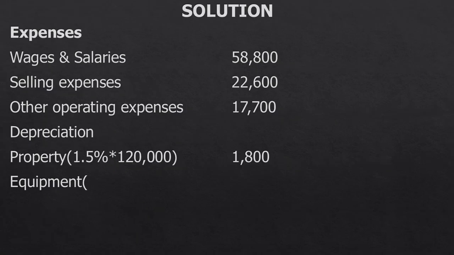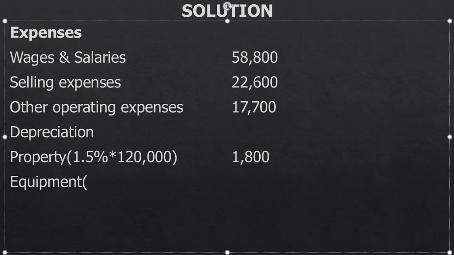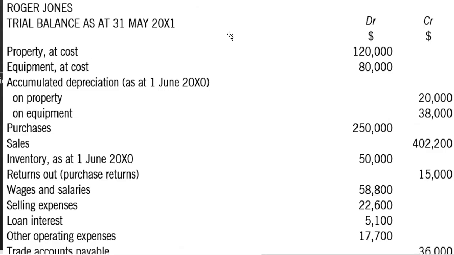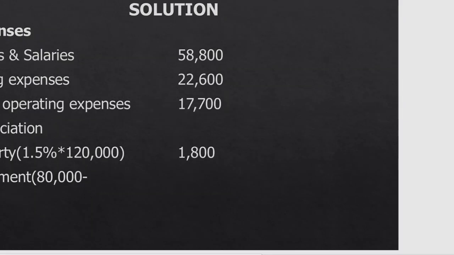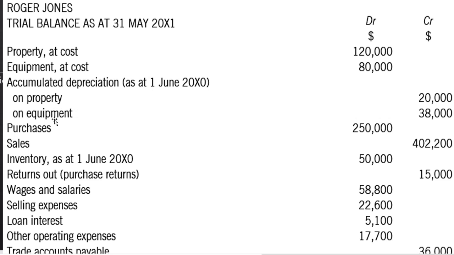So now we are going to first get the cost here, which is 80,000, less the accumulated depreciation that was reported to us here. Property 20,000. Equipment 38.